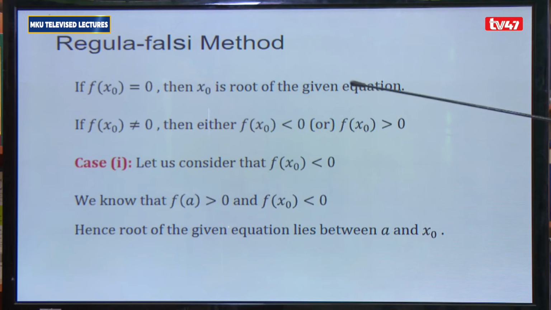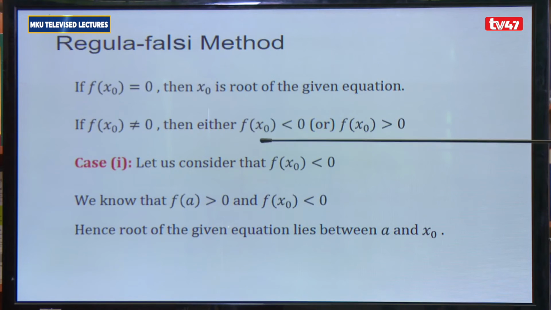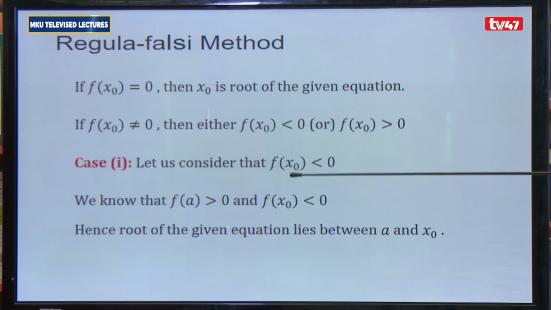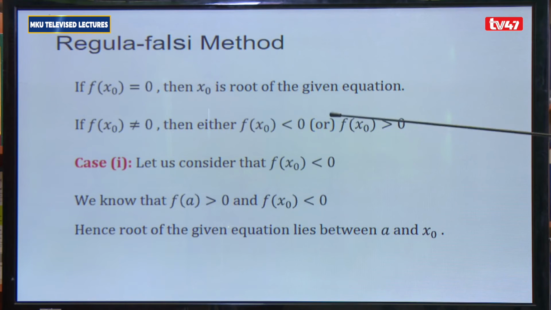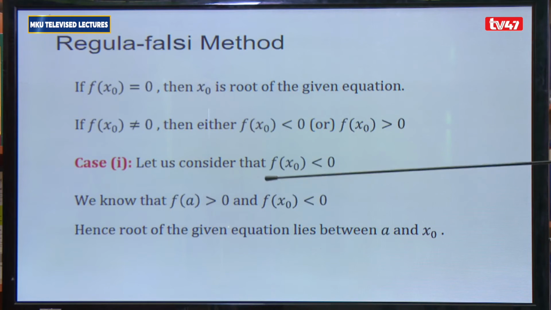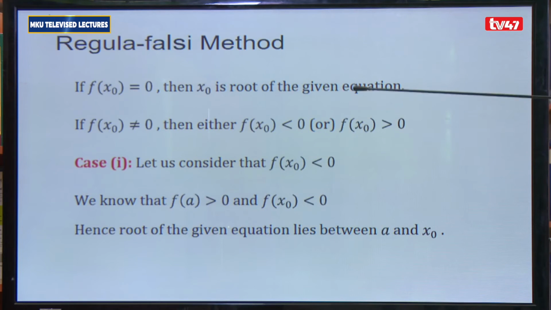Case 1: when f(x naught) is less than 0, and we found that f(A) is less than 0, and f(B) is more than 0, or the other way around. We say that there is no given rule in which we should have f(A) to be positive or negative, and f(B) to be positive or negative.